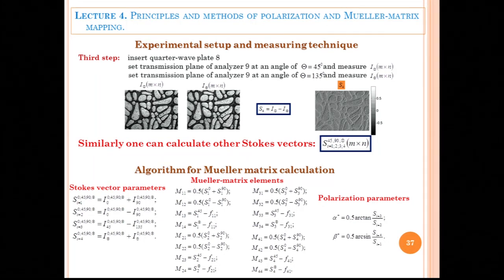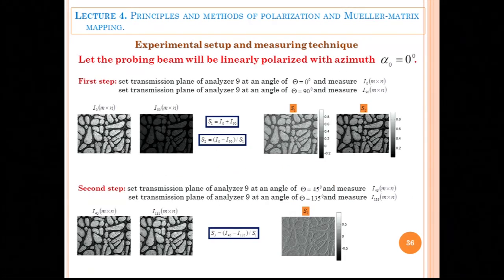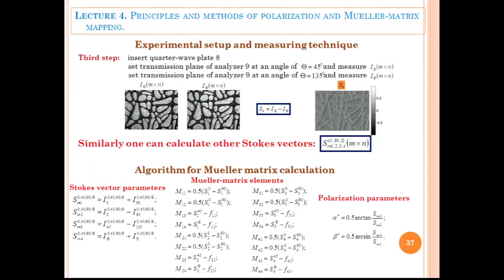Similarly, one can calculate other Stokes vectors for another illumination condition, because here, let the probe beam be linearly polarized with azimuth 0 degrees. Here is the whole algorithm. This is the Stokes vector calculation. This is the Müller matrix calculation using these Stokes vector elements.